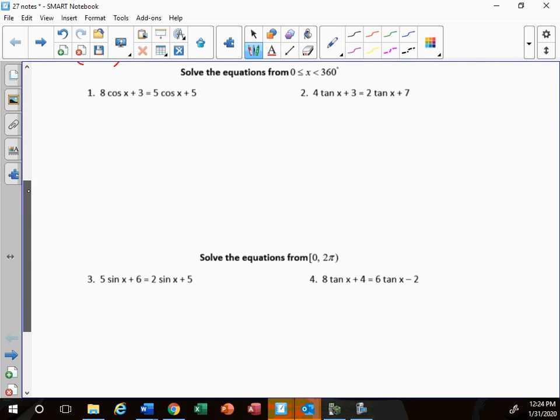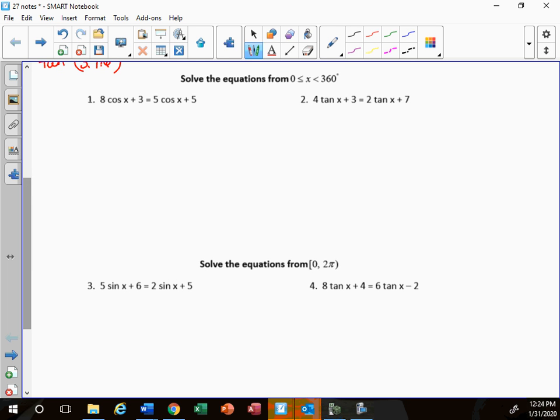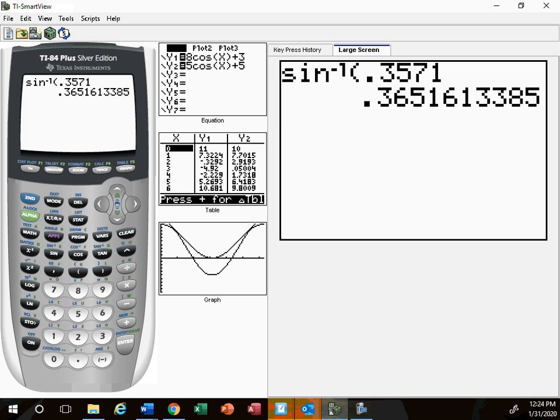Okay, there's a long way to do this and a short, easy way. We're going to just do the short, easy way, okay? All right, so on your calculator, first, what do the directions say we're solving from what to what? 0 to 360. Okay, so do you think that we should be in radians or degrees?